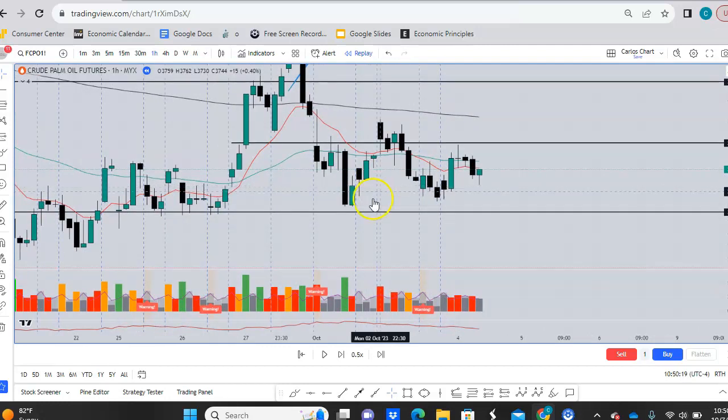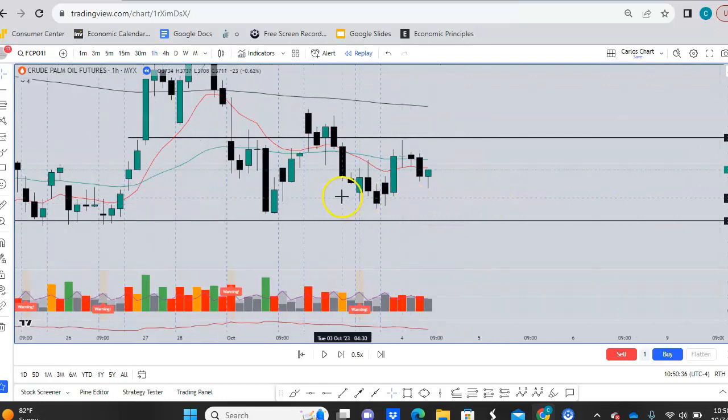We're going to read it from buyers and sellers, see who's in control, who's not in control. Also using the V formation, indicating that there is a seller around here in this area.